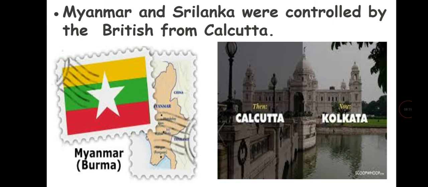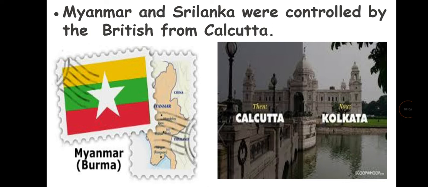What was the earlier name of Myanmar? Myanmar was earlier known as Burma, and they both were under the British rule and ruled from Calcutta. They were controlled by the British from Calcutta. And now Calcutta is known as Kolkata. Okay, the new name of Calcutta is Kolkata.